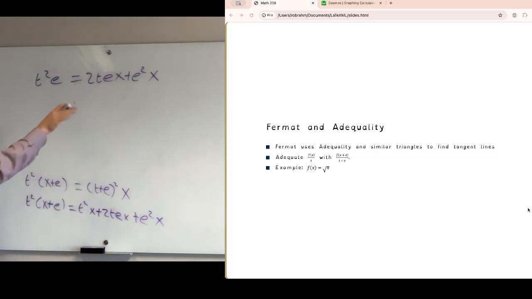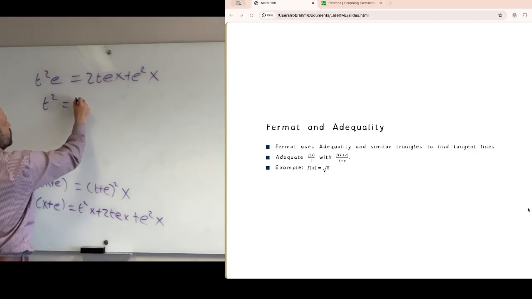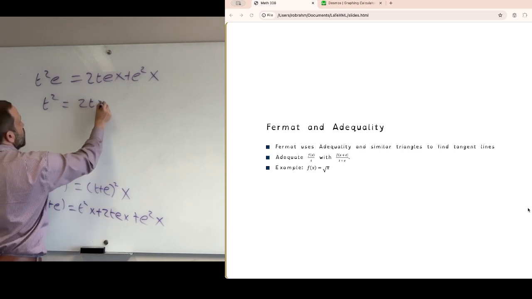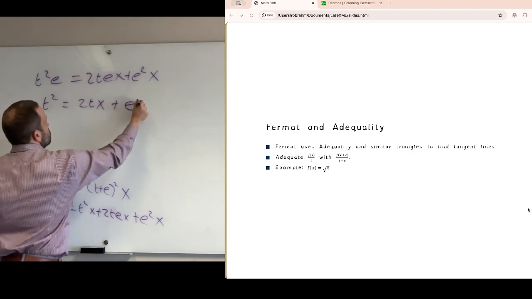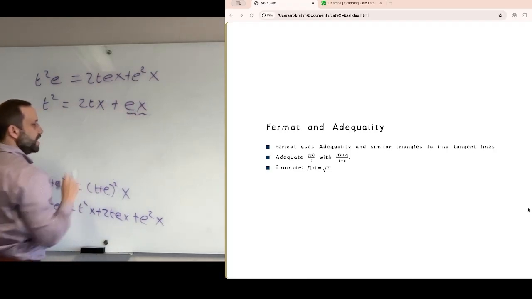And now if I factor out an e from both sides, or divide by e on both sides, I'm going to get t squared is equal to 2t x plus e x.